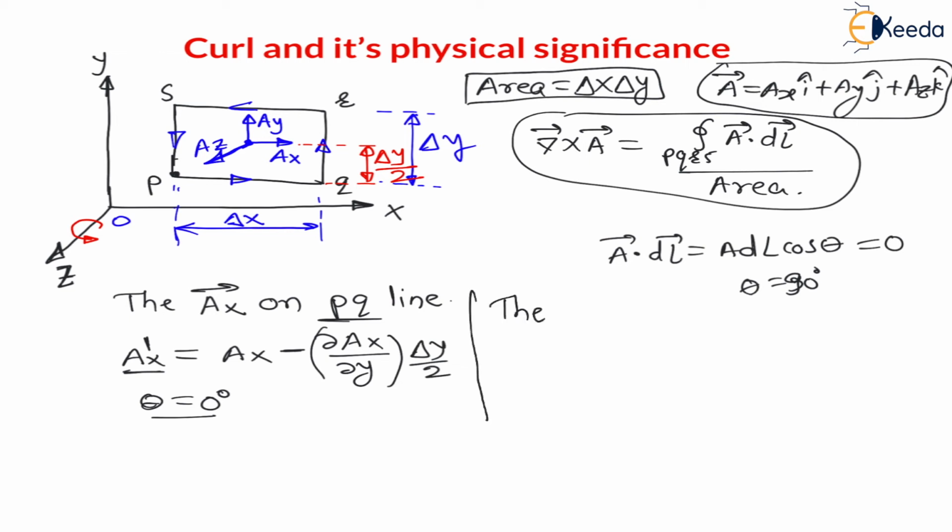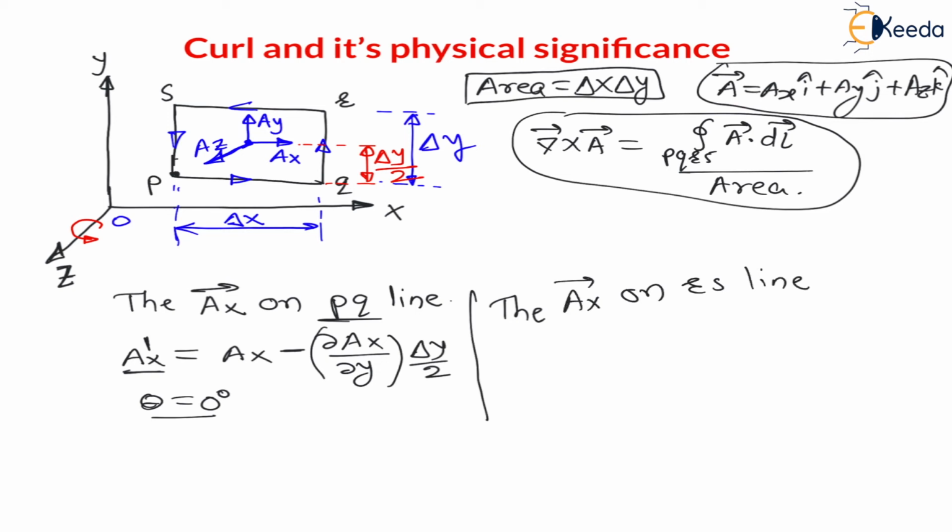Now similarly let us calculate on RS. Here we can say the AX on RS line. See, RS line is parallel to AX. Let us say it is AX double dash. But we are going towards upward direction, positive y direction. Therefore definitely on RS line it is more than AX. Therefore it will become AX plus the change along y direction.